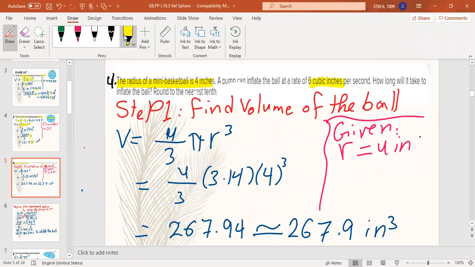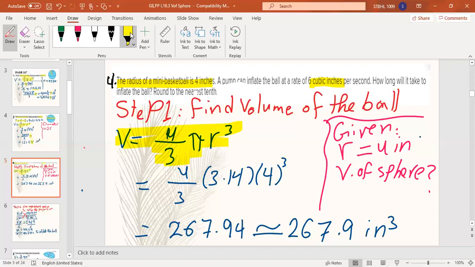So the question is about volume of sphere. Okay, so I have to go and write down directly formula of volume of a sphere, which is 4/3 pi r cubed. And we already got the r, which is 4 cubed.